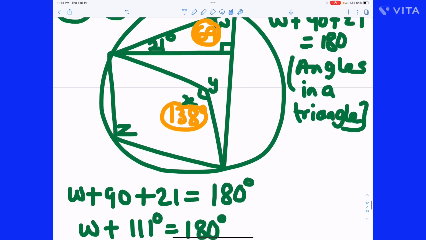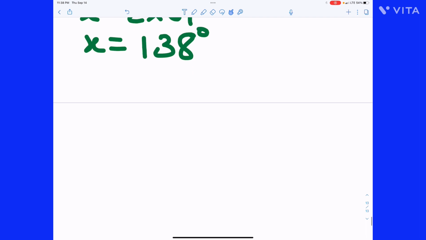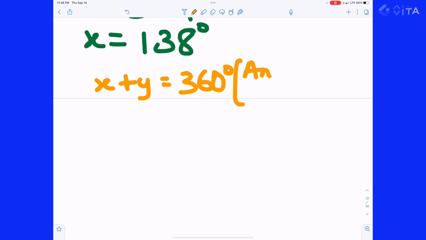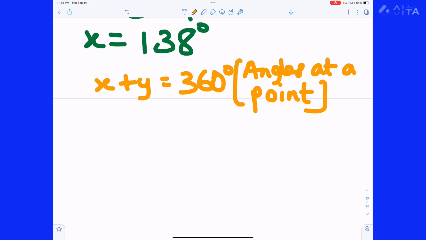So now we can get Y. Once I know W, I can get Y. X plus Y should be equal to 360 degrees. That's sum of angles at a point.